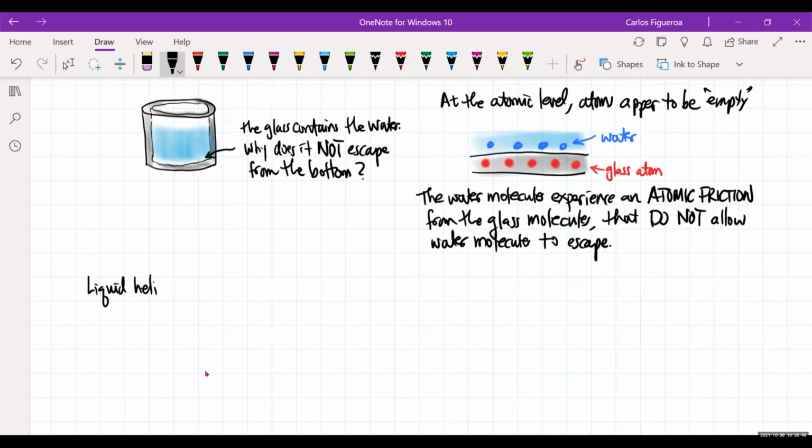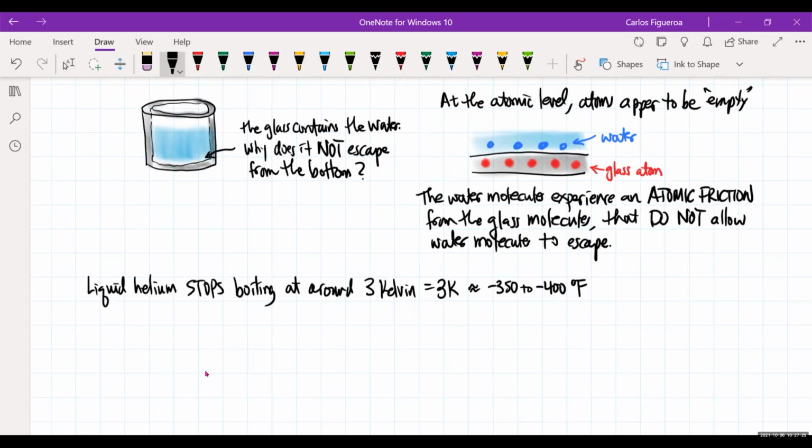Liquid helium stops boiling at around 3 Kelvin, which is written roughly like this. I don't know what it is in Fahrenheit, but I would think that it would be about negative 350 to negative 400 degrees Fahrenheit. So note that that's 400 degrees below zero.